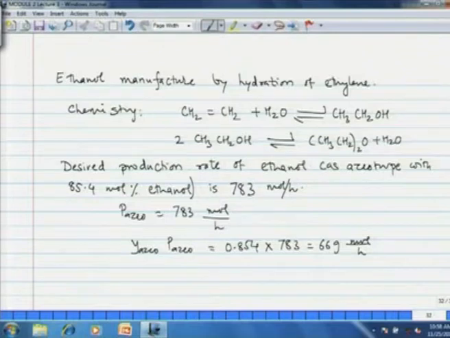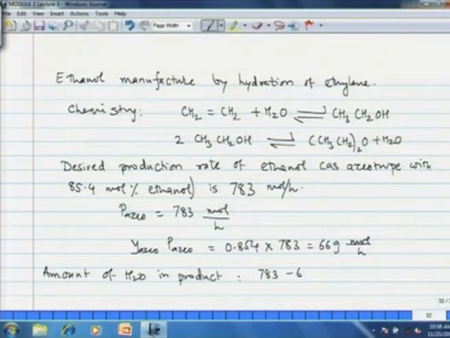Okay. Then the amount of water that is in the product stream is 783 minus 669, which is 114 mole per hour.